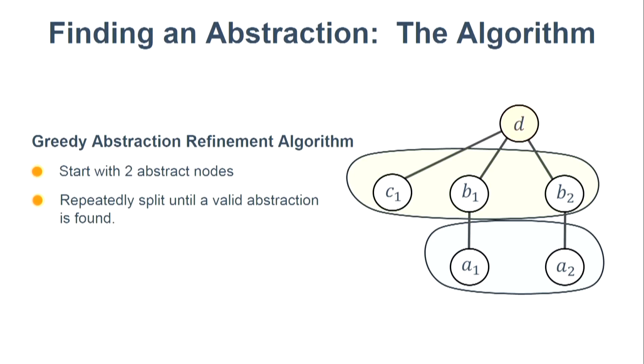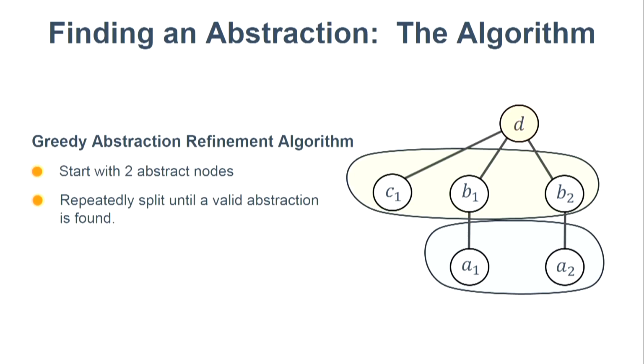If we do that, we get the following abstraction that now has three abstract nodes. But again, we can see that the condition fails. Now it's the case that B1 is connected to a node A1 in the blue partition, but C1, which is also in the green partition, is not connected to any blue node.